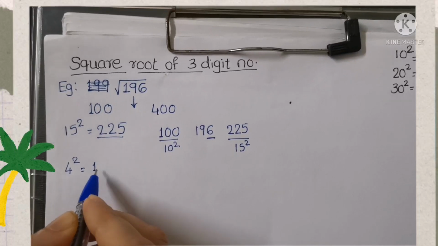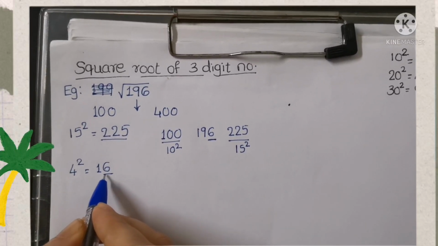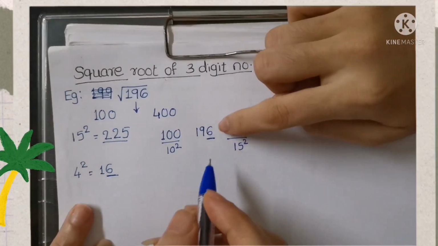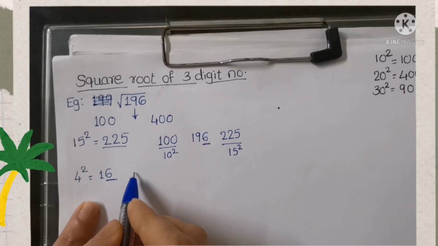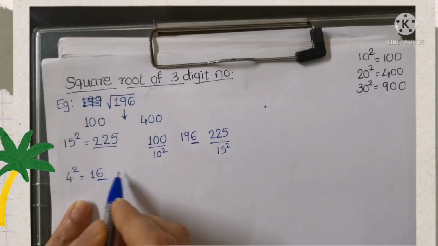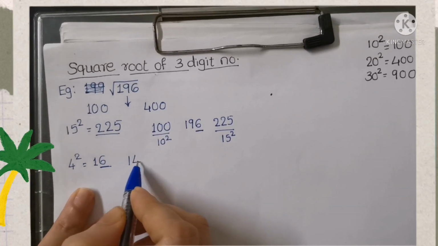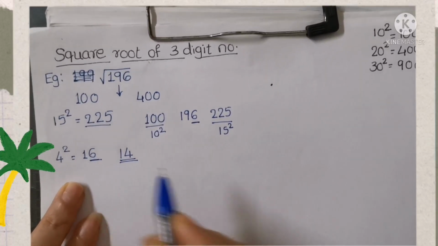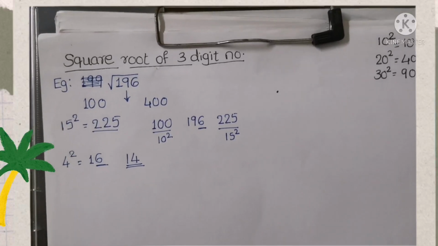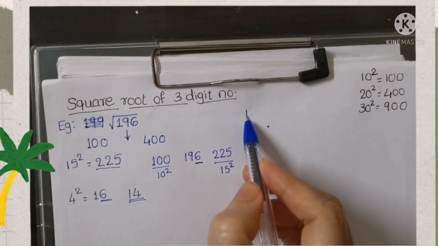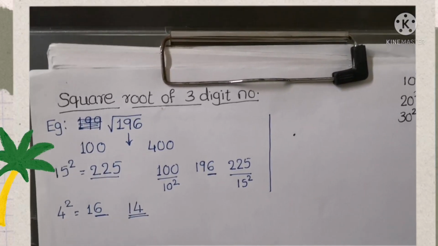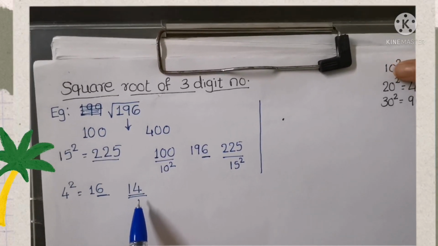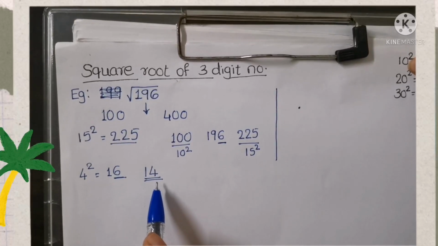How do we find which is the exact number, the square root of 196? There is a nice tip for you. As we have discussed, our number lies between the square of 10 and 15. So will our number be 16? No, of course not. So our answer is 14. How?